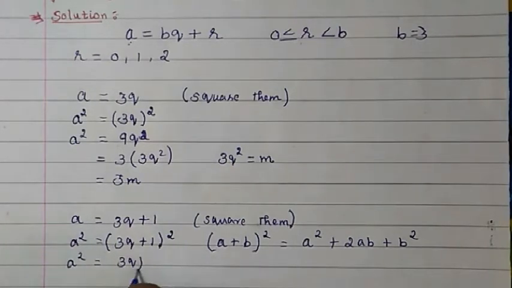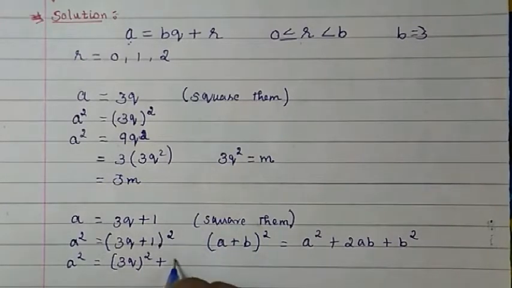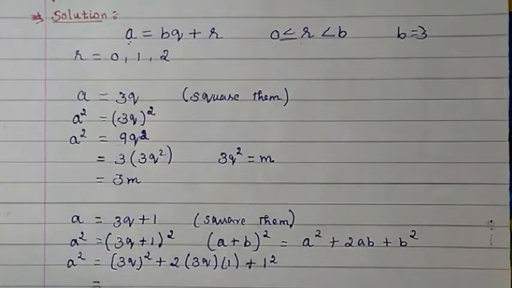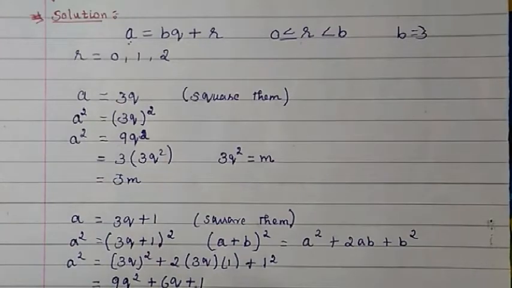So let's put it in the expansion form. a square will be 3q square, plus 2, where a is 3q and b is 1, plus b square, that is 1 square. So what we will get? 9q square plus 6q plus 1.